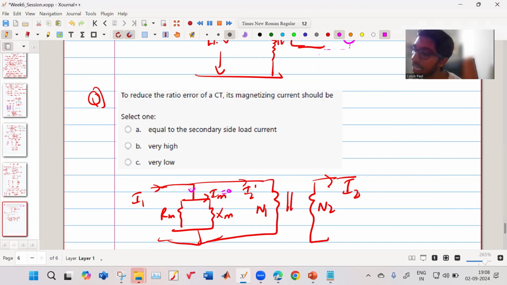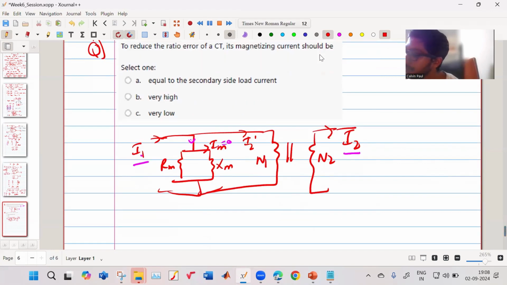If this is zero or as low as possible, then current I1 and I2 will approximately follow the relation of I2 into N2 is equal to I1 into N1. Otherwise, it will not follow. Okay. So that's why the magnetizing current should be very low.